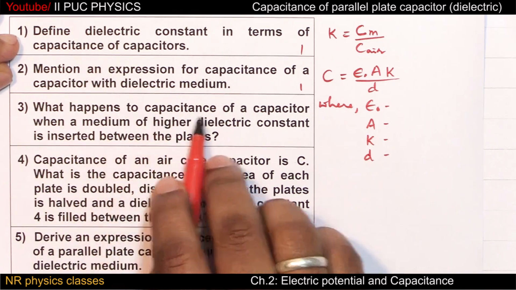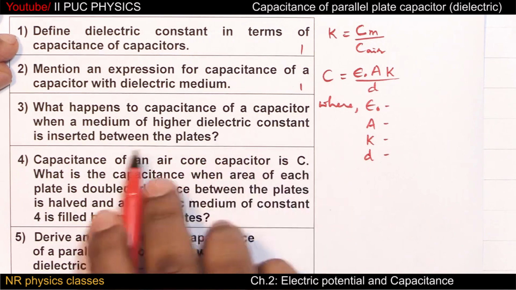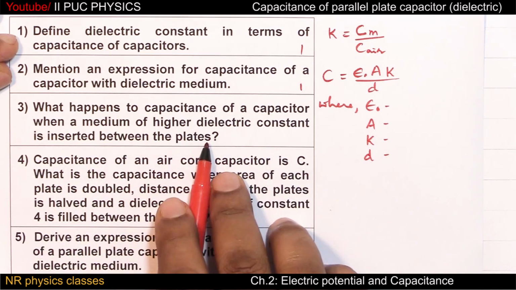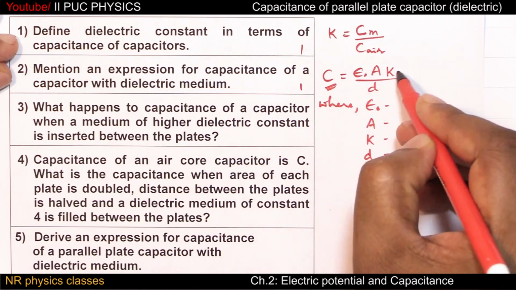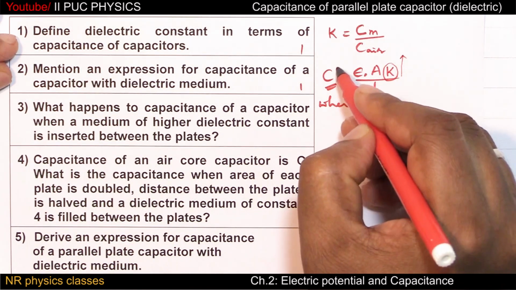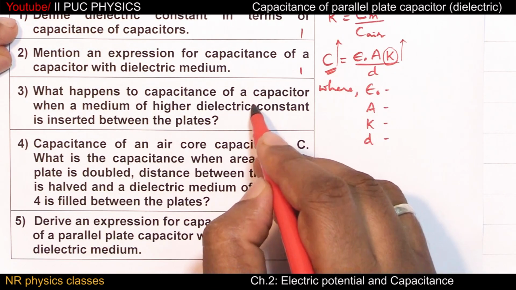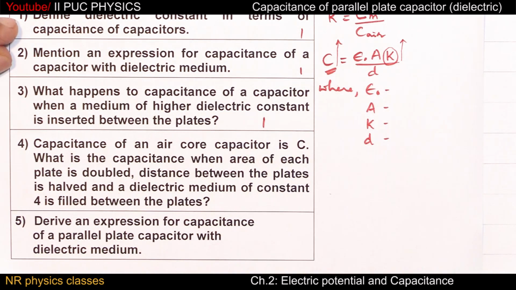What happens to capacitance of a capacitor when a medium of higher dielectric constant is inserted between the plates? Since capacitance is directly proportional to K, with the increase in K, C also increases. Or you have to write that capacitance increases for 1 mark.